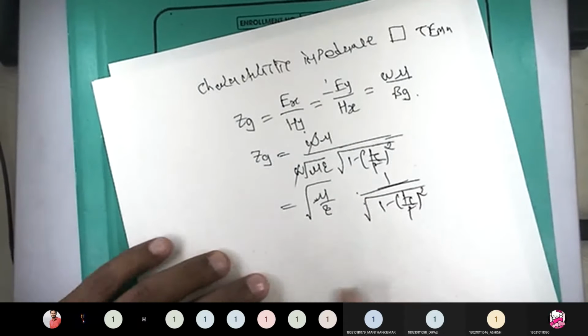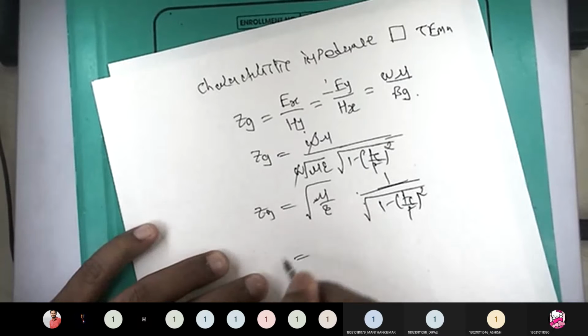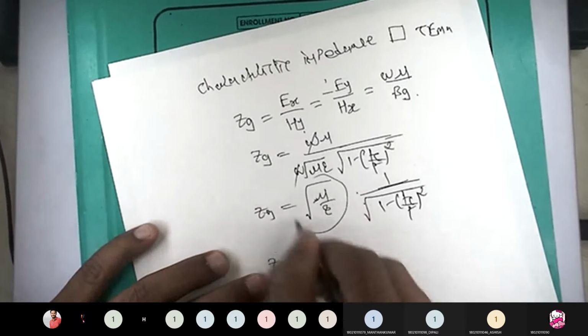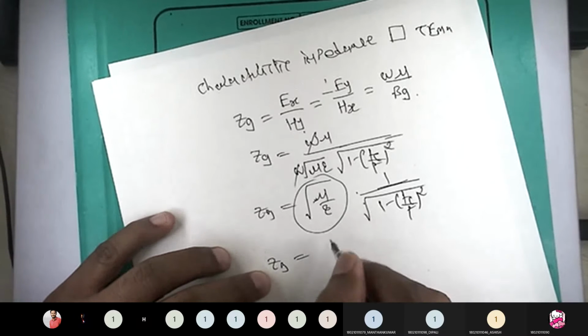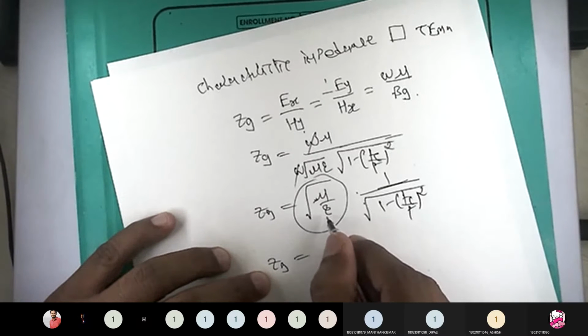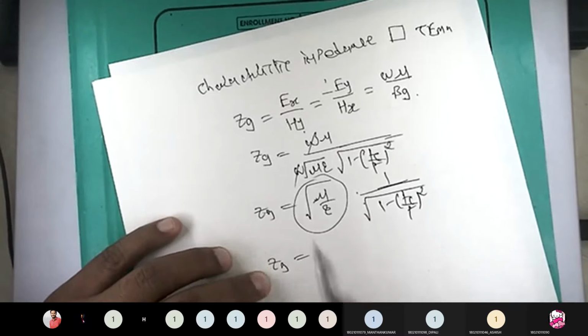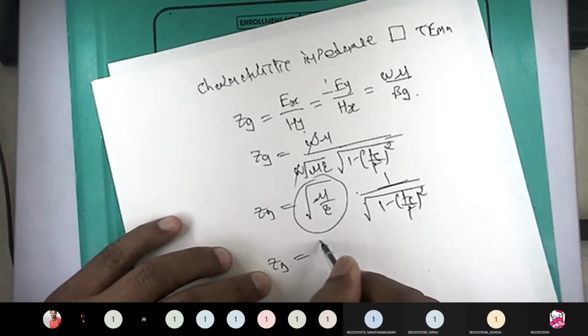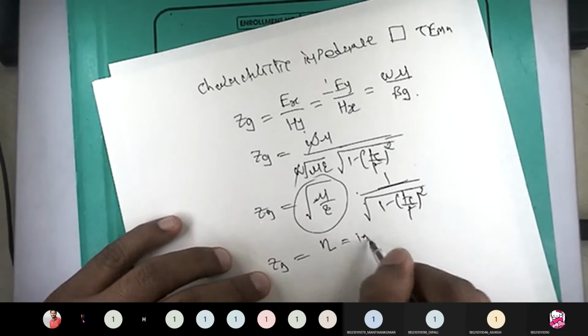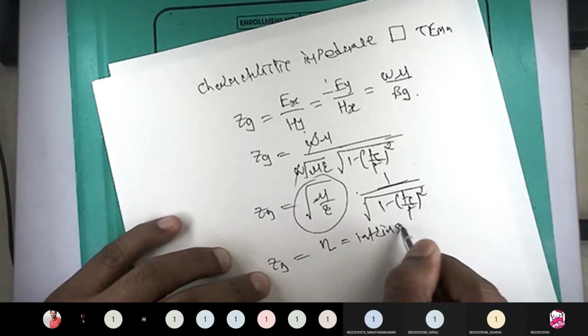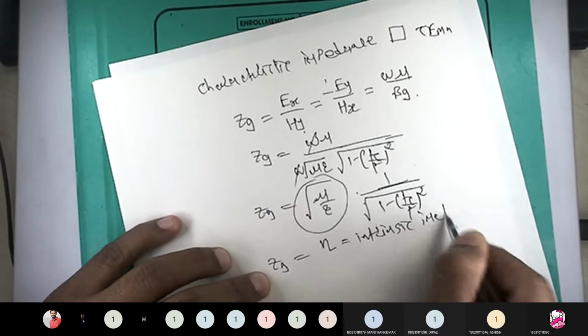So I can write in this way that Zg is nothing but, if you put mu equal to mu 0 and epsilon equal to epsilon 0, and put the values, then you will get our pure intrinsic impedance.